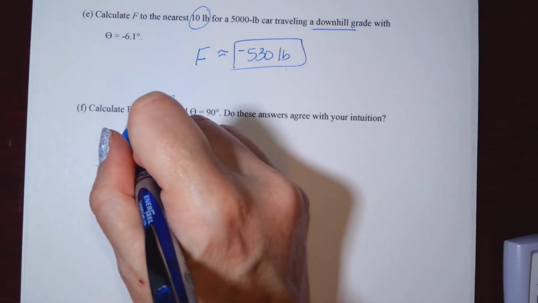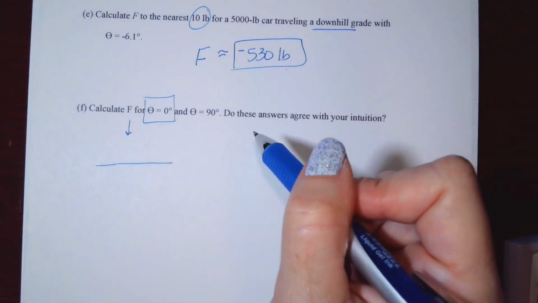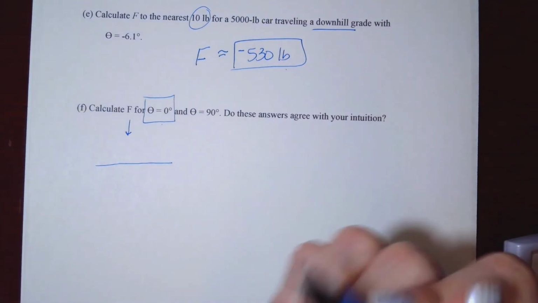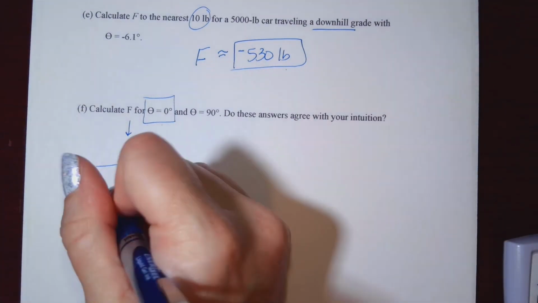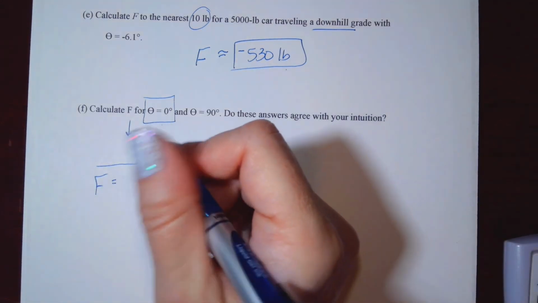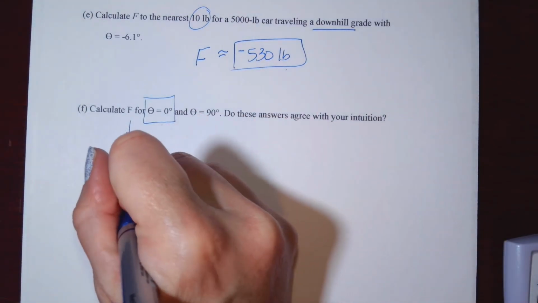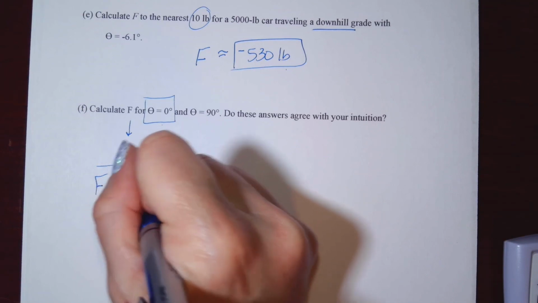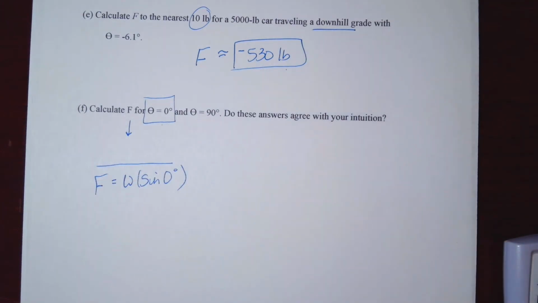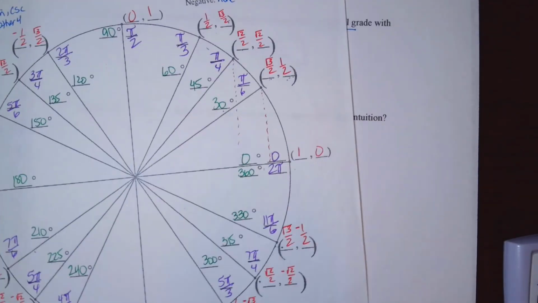My gravity is pushing down. It's not pushing backward against a grade. So I'm going to say no, I don't think there's going to be anything extra. So let's just pick a weight of my car. The weight can be anything. In fact, I'm just going to leave it as W for weight. What is sine of 0? Well, 0 degrees is right here.